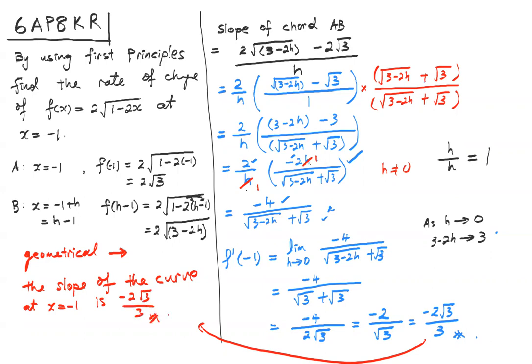That's the geometrical interpretation. If I just ask you to interpret, you can give me both answers. But if I ask specifically for the geometrical interpretation, you must give me the slope of the curve at x equal to -1 is this value.